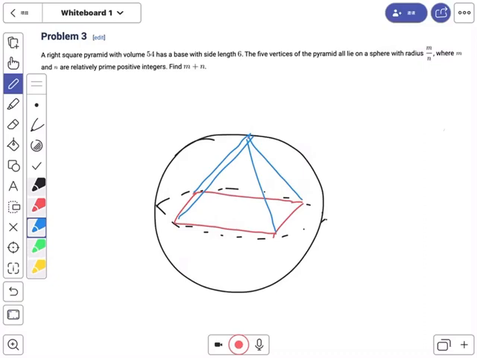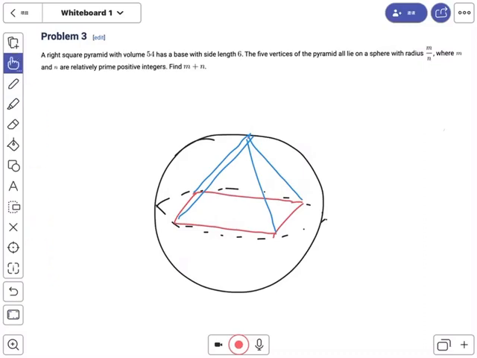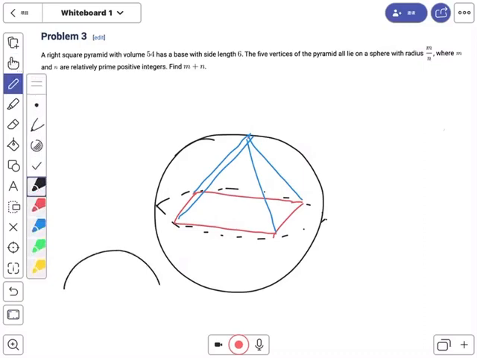Now, we can't just arbitrarily choose some point. So we actually have to consider, well, hopefully you guys remember this identity, which basically states that if we have a right angle on the circle, then this one must be a diameter, or in other words, it must pass through the center of the circle.